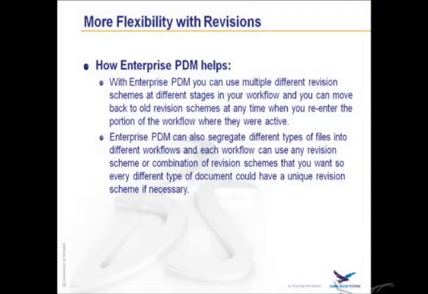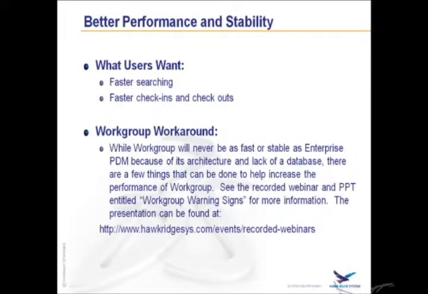Now, next thing that we have here is probably what I would call the number one request if I was going to assign numbers to these things. And that is better performance and stability. Like I said in the beginning, Workgroup is a great tool. The problem with Workgroup is that it's built on a very, very old product architecture, and because of that, it has a lot of limitations in performance.